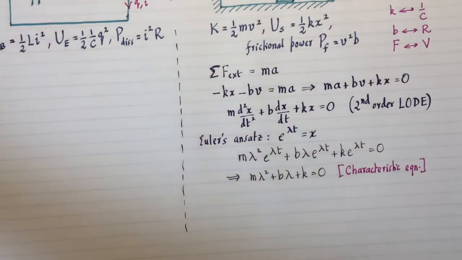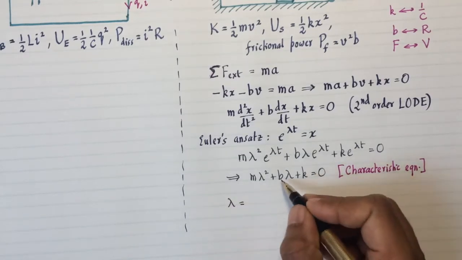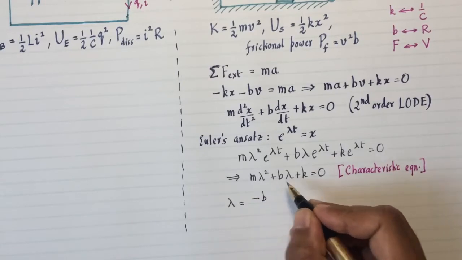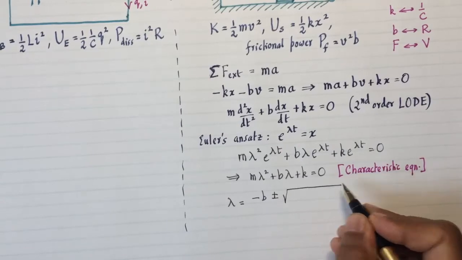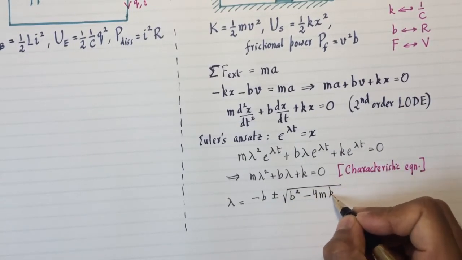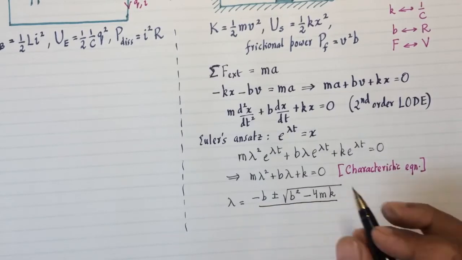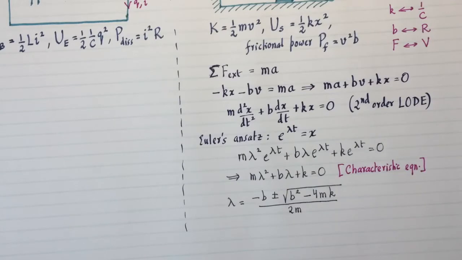So this is our equation. How do you solve this? Well, this is our good old friend, the quadratic equation, nothing to get worried about. So lambda equals negative b, the middle coefficient is even called b for our convenience, plus or minus square root of b squared minus 4mk divided by 2 times a, which is 2 times m in this case. And that's it.